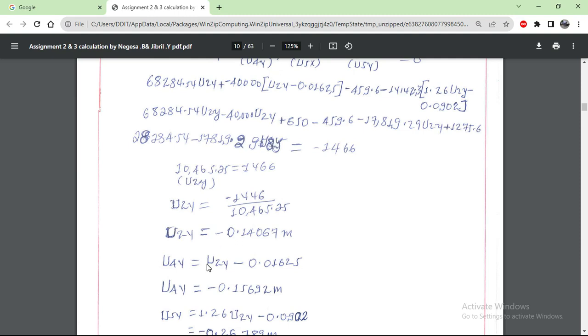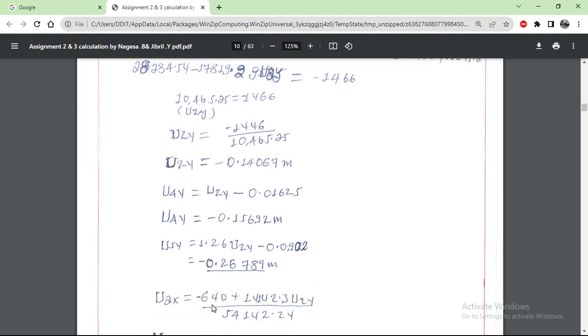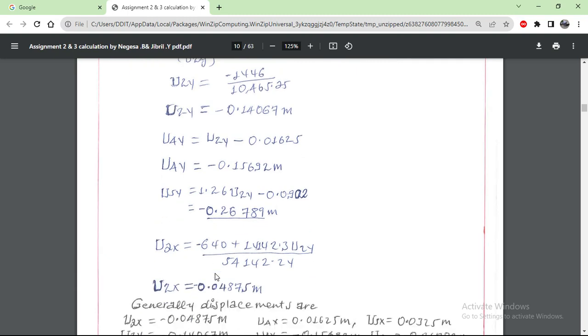We get u4y, and we get u5y also from u4y. Then the negative direction shows that it is compressive. Negative displacements are compressive; when positive, it is tension.